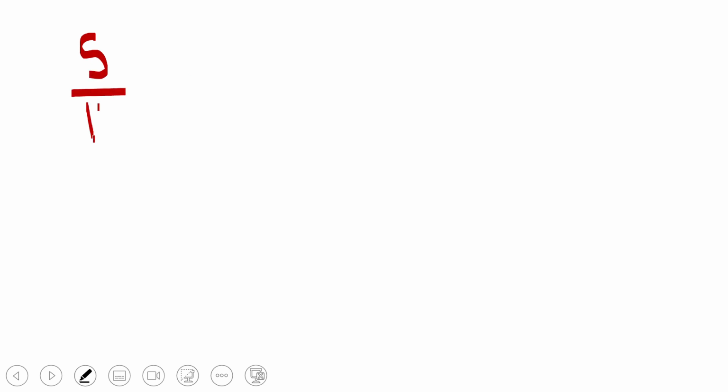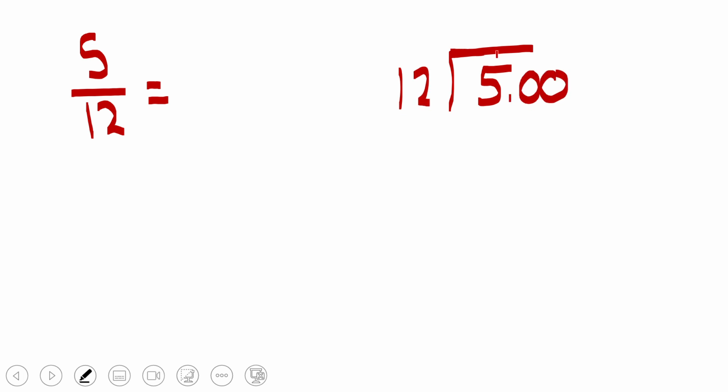All right, in the next example, we're going to convert 5/12 to a decimal. Let's see what that equals. 5 divided by 12. Annex a couple zeros there. Let's see what happens with this. 12 goes into 5 0 times.